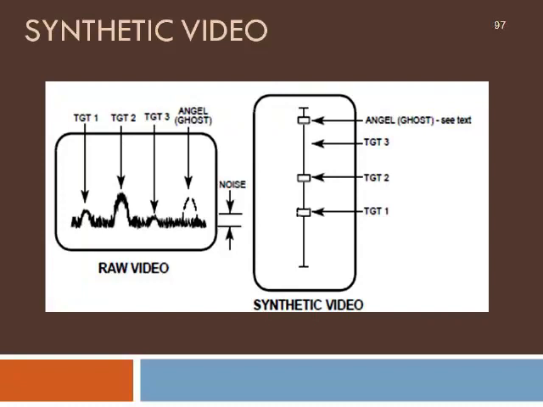One is the raw video output, wherein an operator can only decipher that there are 3 targets at 3 different locations and the fourth one is a ghost, and the signal is projected above the noise floor of the receiver. In the other display, that is by synthetic video, because of the use of a computer, the noise is completely removed and the 3 different targets are identified separately with the 4th one as the ghost.